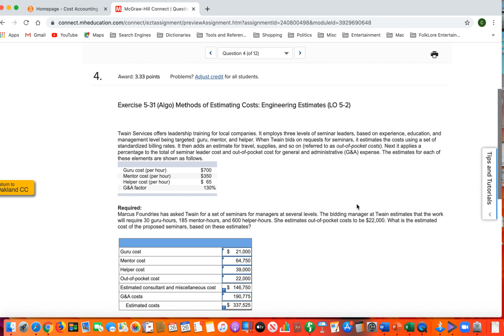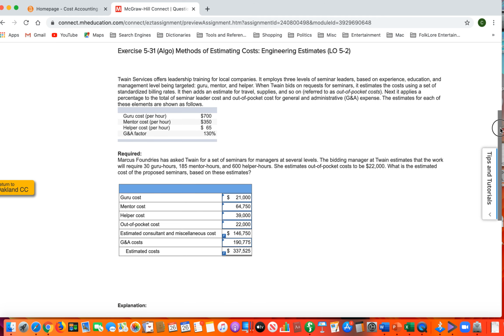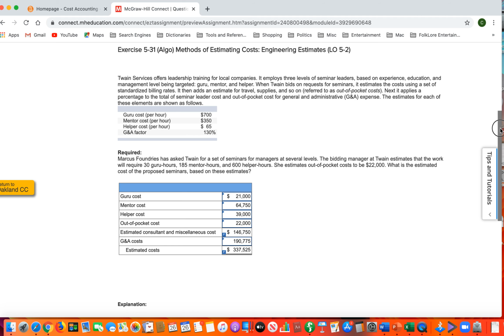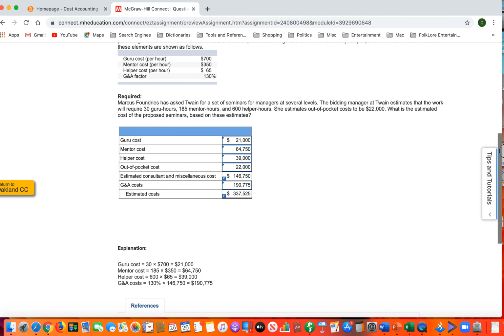And this is straightforward. If you read this, I'm not going to spend time on this because it is so straightforward. All you're going to do is multiply this cost by the number of hours. They say 30 hours times $700 gives you $21,000.